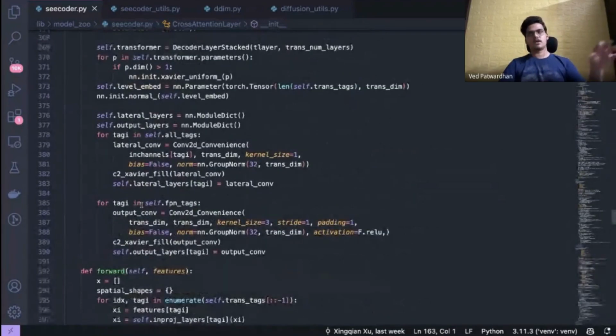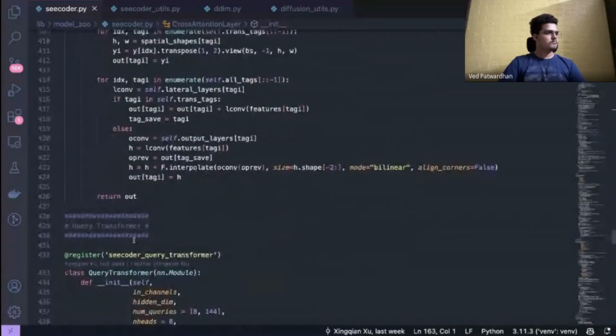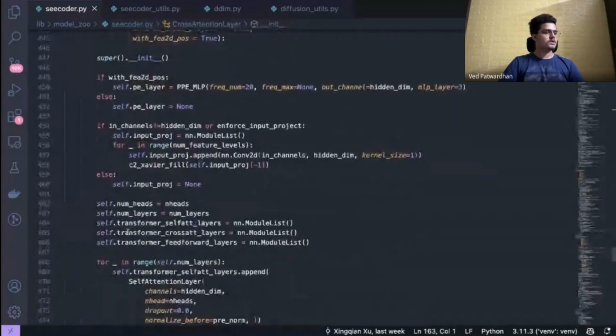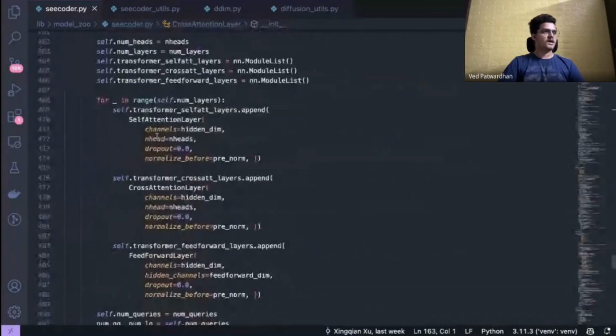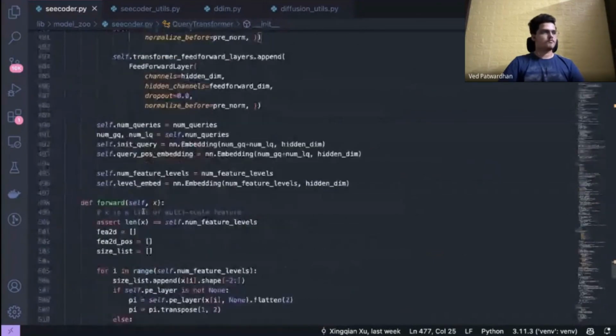So we want to apply a convolution as well. And then you want to flatten it, and then you want to pass it through the multi-head attention. And this is the query transformer, of course, where you just have alternating self-attention and cross-attention layers, followed by a feed forward layer.